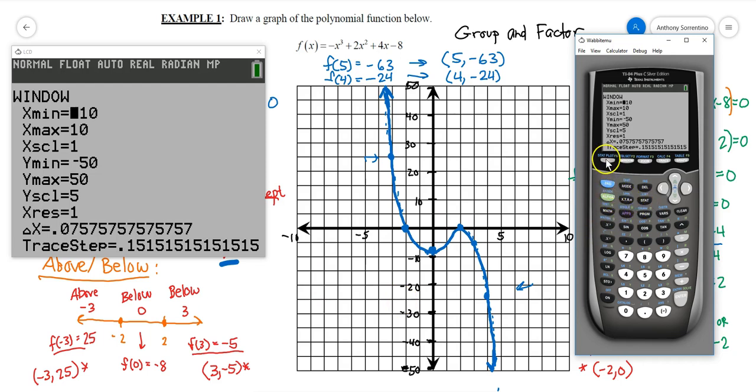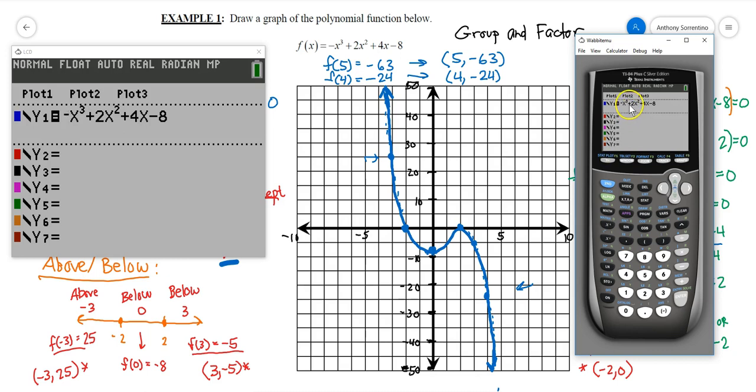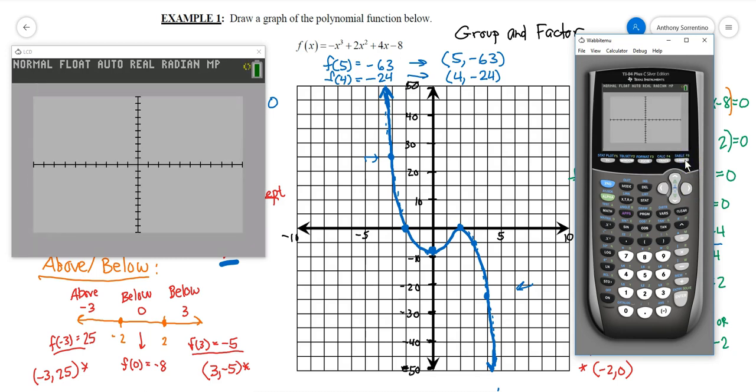When I go back to my y equals, originally I did not have the plus sign right here. I've since corrected that. So now when I graph it, it should look like this one. The only difference is, I looked at 0, -8 as being the minimum, whereas the minimum looks like it's a little bit lower than that. But overall the graph is pretty accurate.